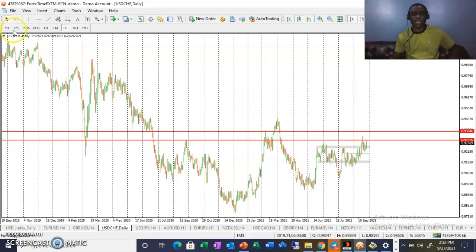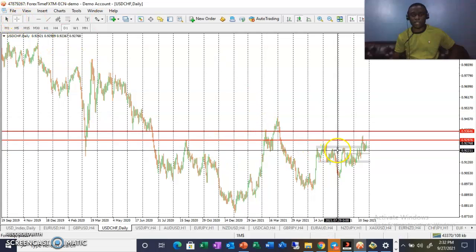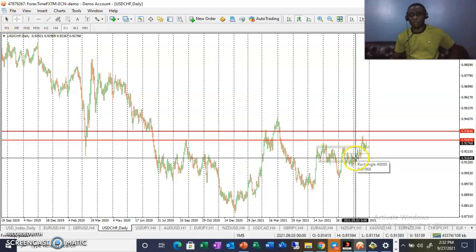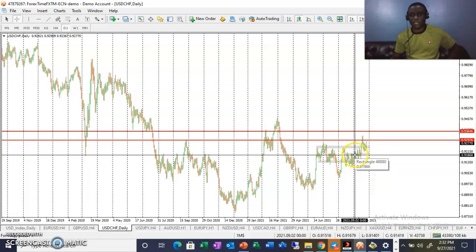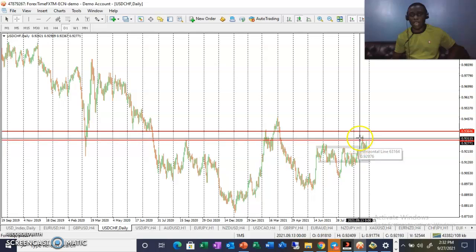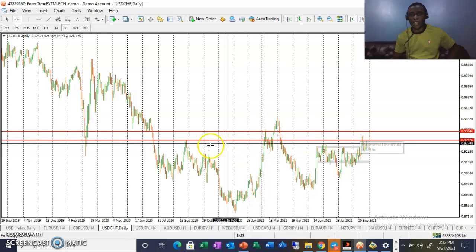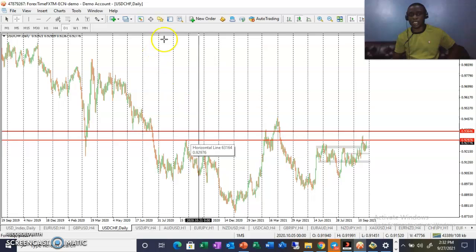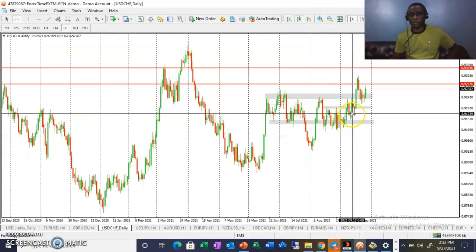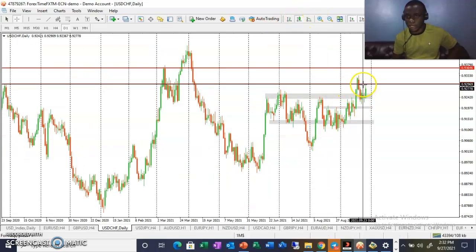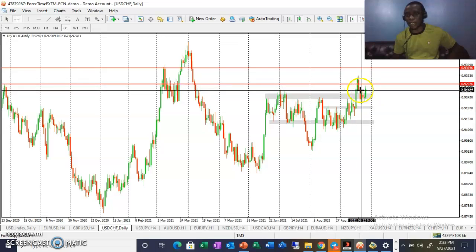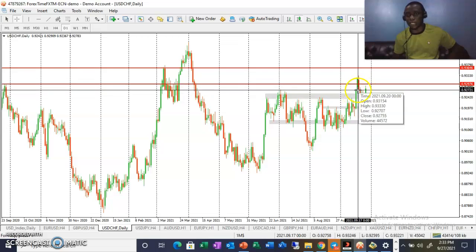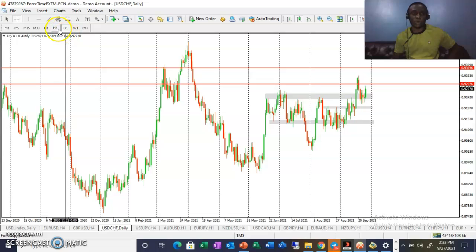The market has been choppy for days, going higher and higher, and it's been at a resistance here. Let's zoom in. It has been at a resistance, and the candlestick pattern showing an evening star, the three candlestick pattern, this and this, shows that the market is likely to go down.